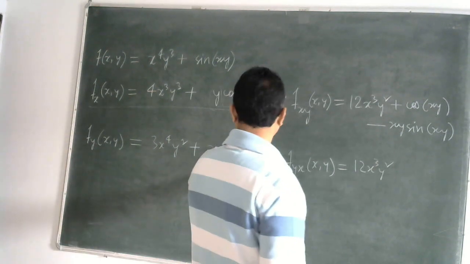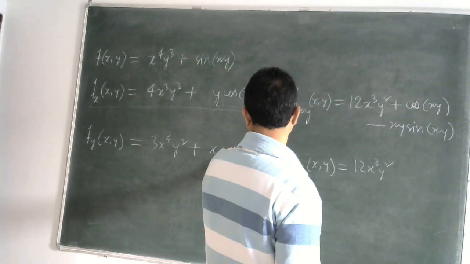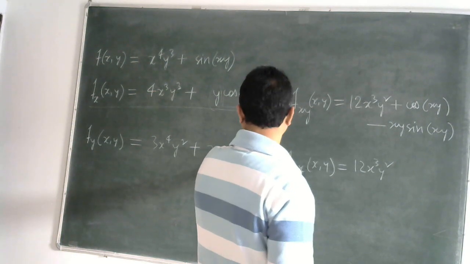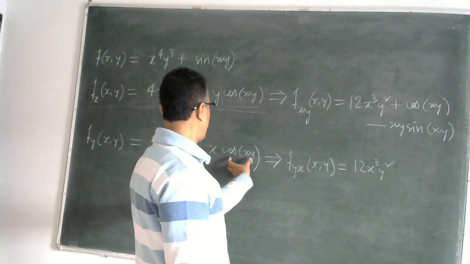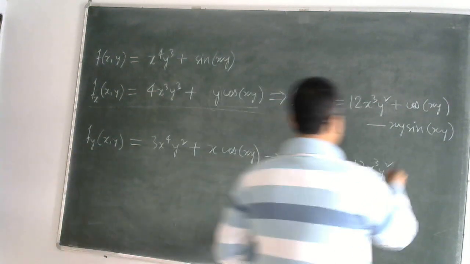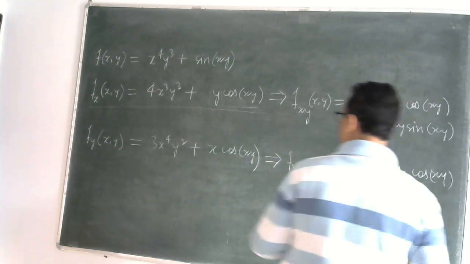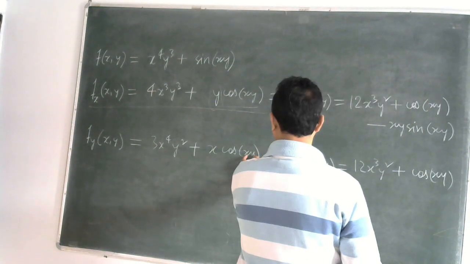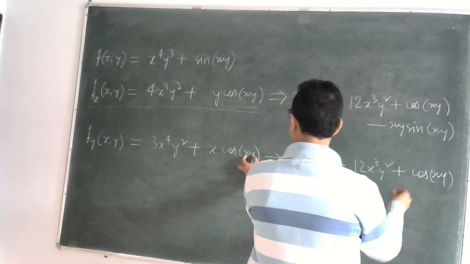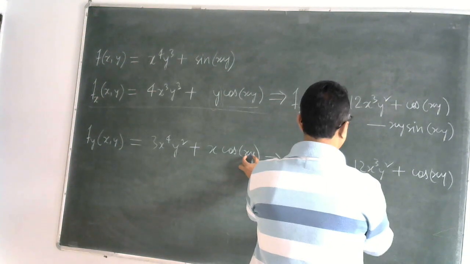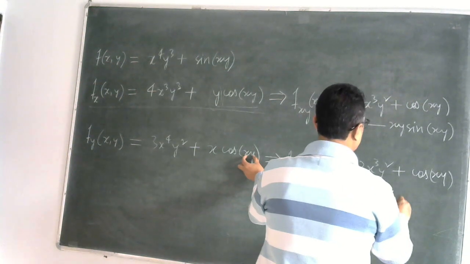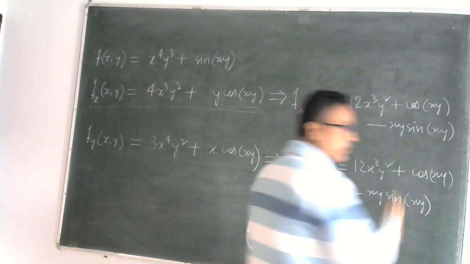Again, once I differentiate this with respect to x, this is the product of two functions of x into cos of xy. The first term is going to give me cos of xy, and the second term, if I differentiate xy with respect to x, is going to give me y. So eventually this is going to give me xy sin xy.